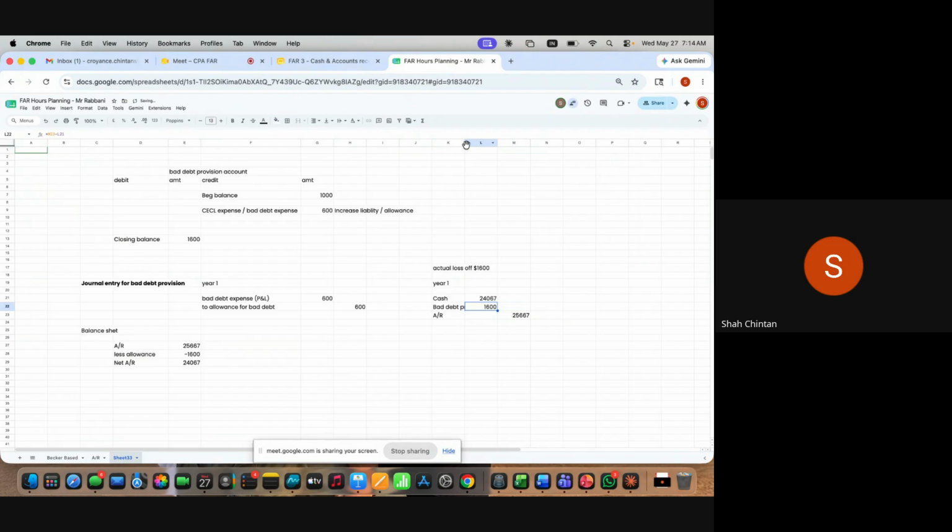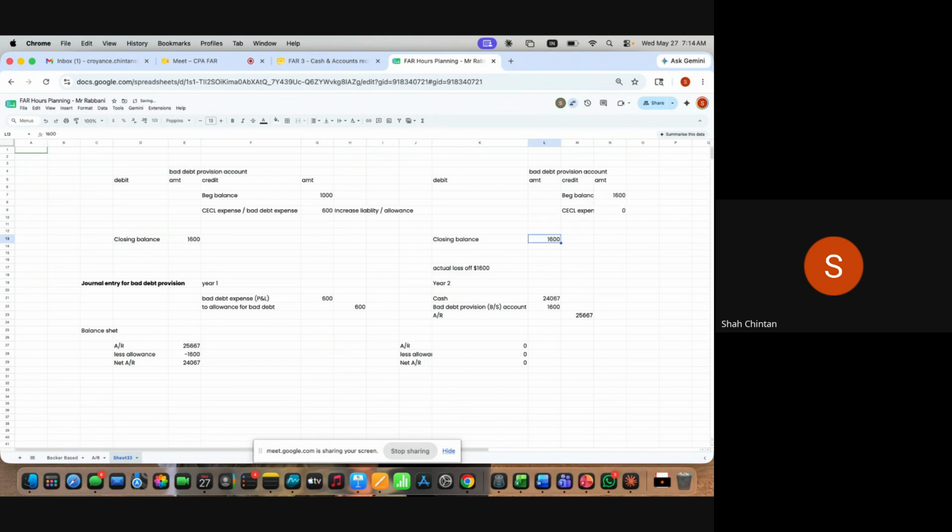So now what happens in your balance sheet in year 2? So this is my year 2 transaction. What happens in my year 2 balance sheet? My accounts receivable are now 0. My allowance now 0. Net AR is 0. Why did my allowance become 0? I have used my allowance account here. So for example, this is the bad debt provision account, and we are going into year 2 now. So year 2, you have a beginning balance of 1600.